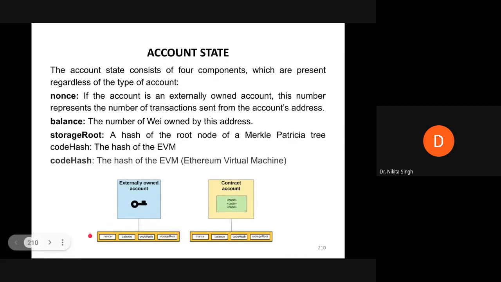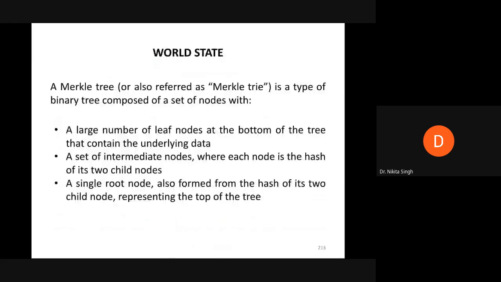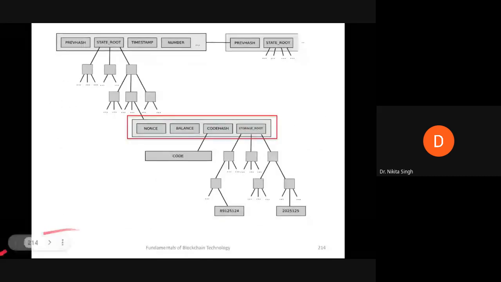So these values are present inside the account. But when we are talking about a block, the amount of information that will go inside a block will vary. You have transactions that have certain parameters, and apart from that transaction, you are storing the balance and several other pieces of information, and that information is stored in the world state. The world state means the global state of the Ethereum blockchain.